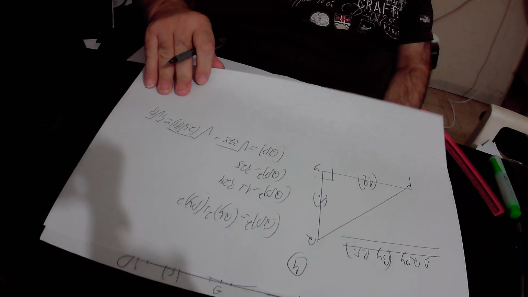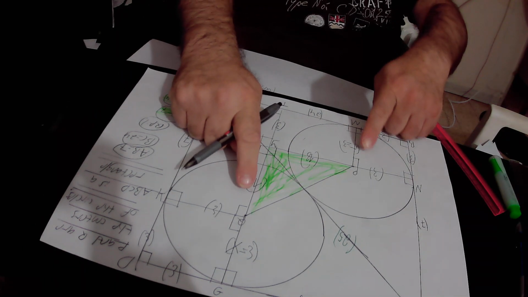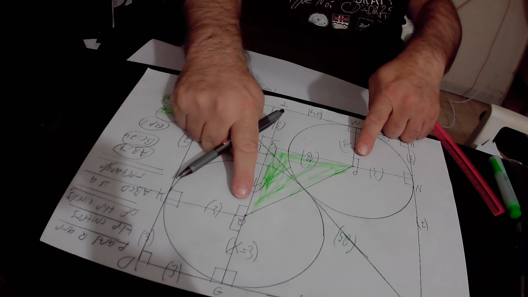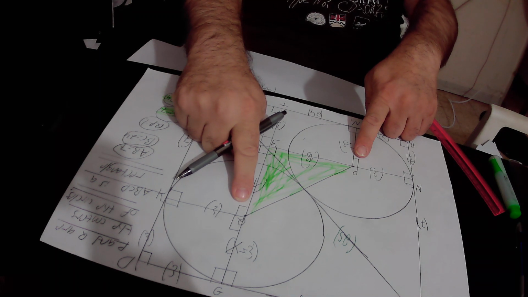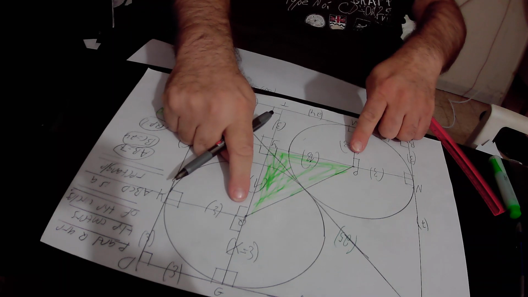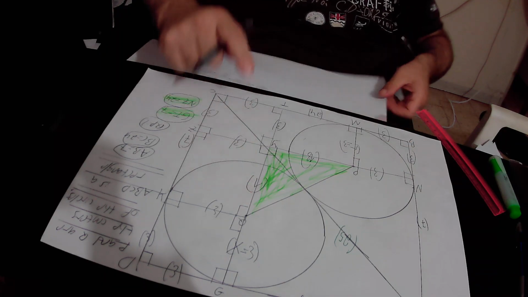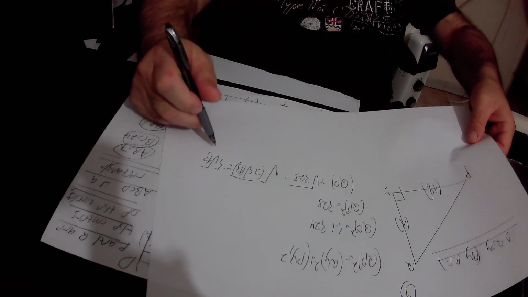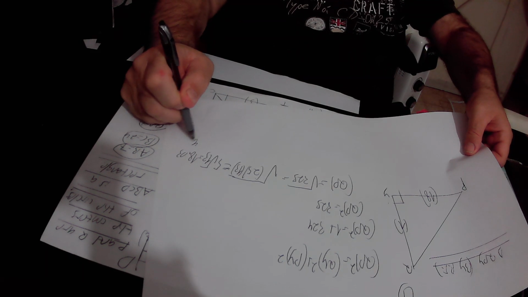In conclusion, we found out that the distance between the centers of those two circles, that is to say, the length of this line segment QP, is equal to 5 times the square root of 13 units, or in terms of numbers, the distance QP is equal to 18.03 units.